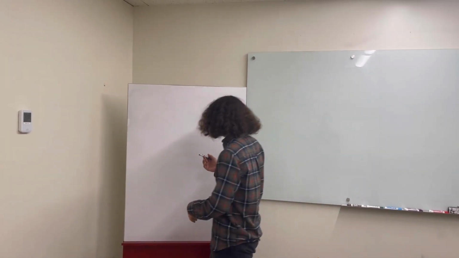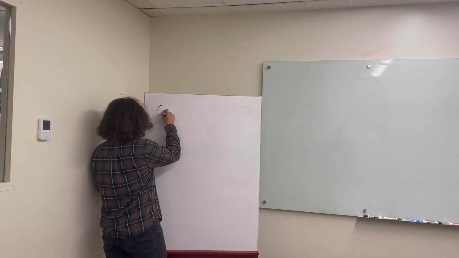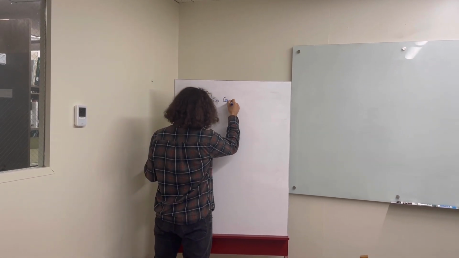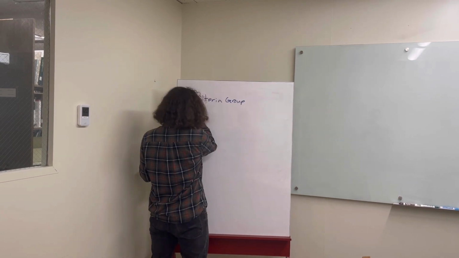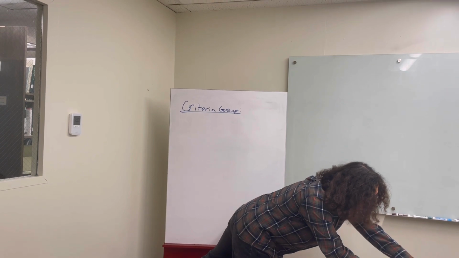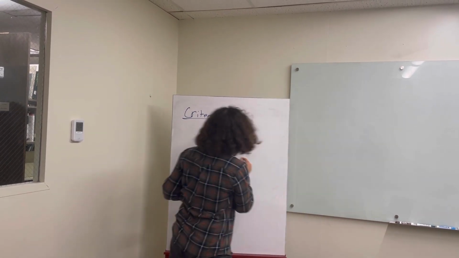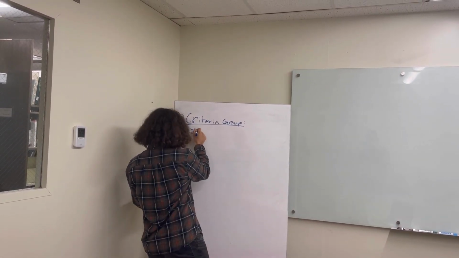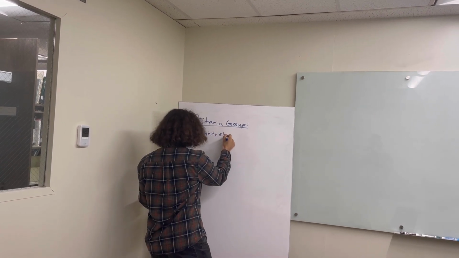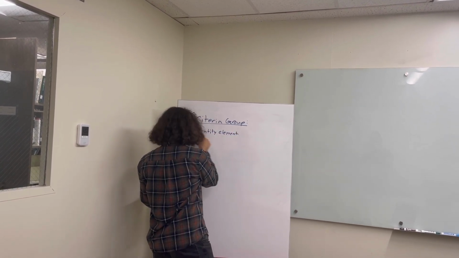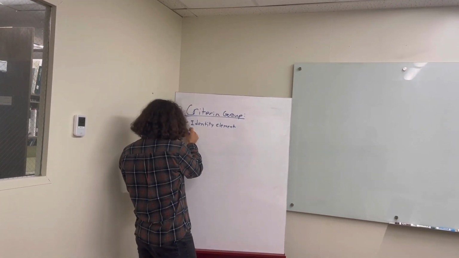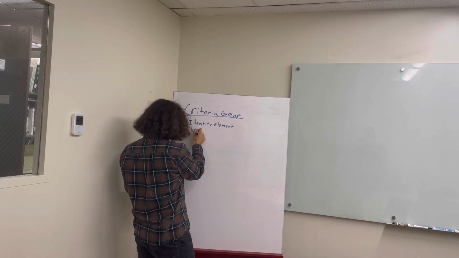So let's see what the criteria for a group are. The criteria for a group include a few things. We need an identity element. We need it to be closed under the group operation.